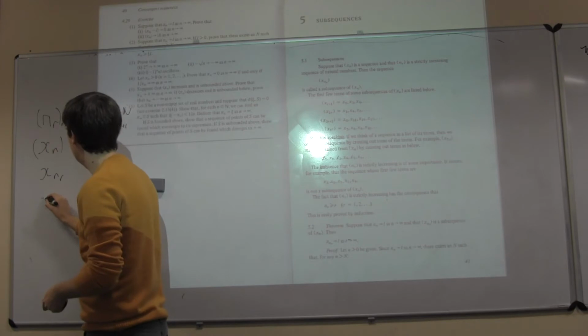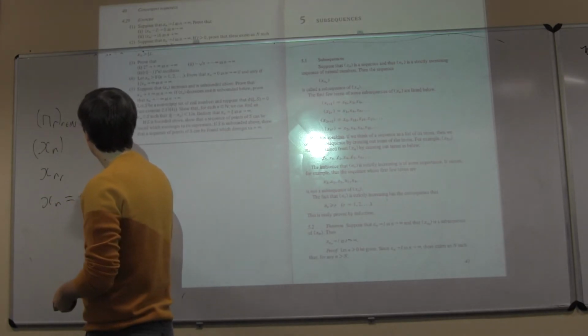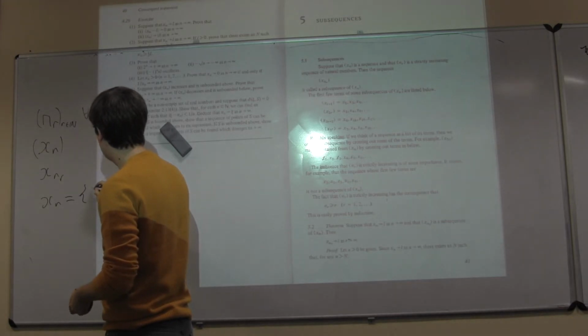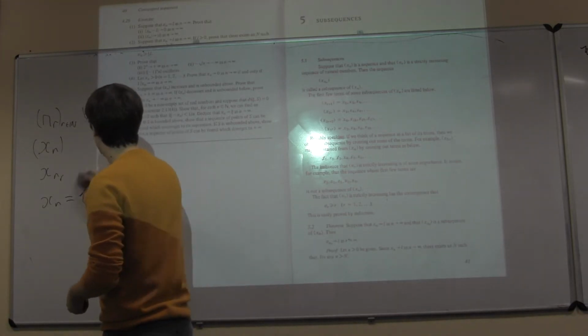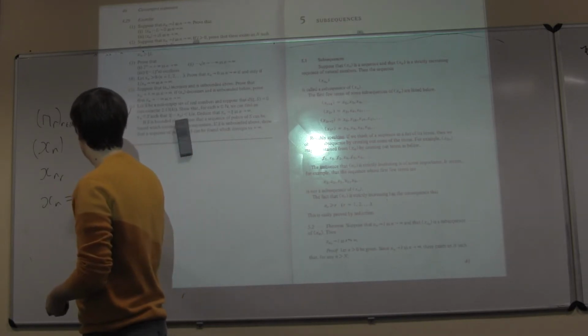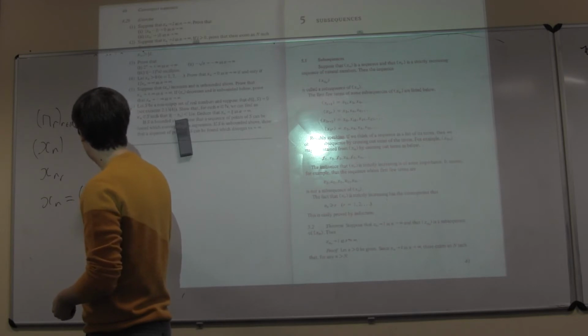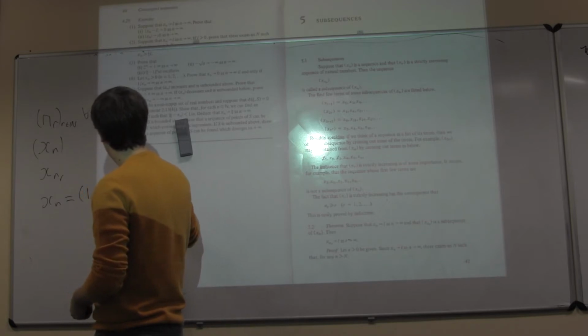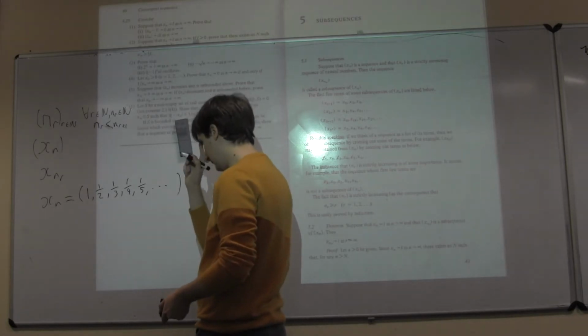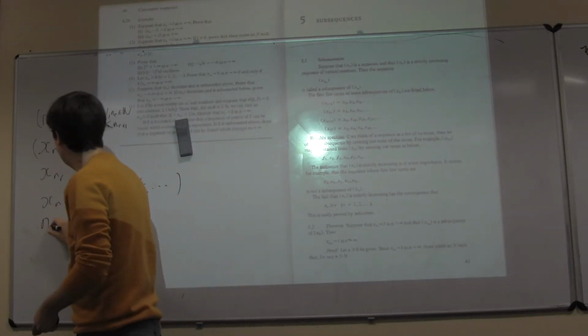Suppose that xn could be a sequence 1, a half, a third, a quarter, a fifth. Okay, there's one sequence. And think about the subsequence.